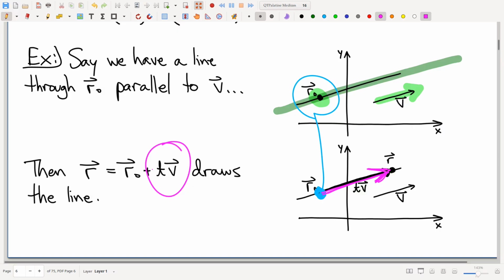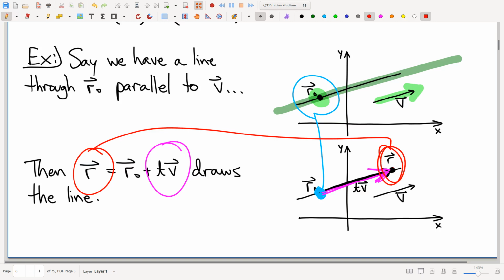Let t be just some arbitrary scalar multiple. And check it out. If you start at r0 and then you add multiples of this parallel vector v, notice this resulting point will always be on the line.